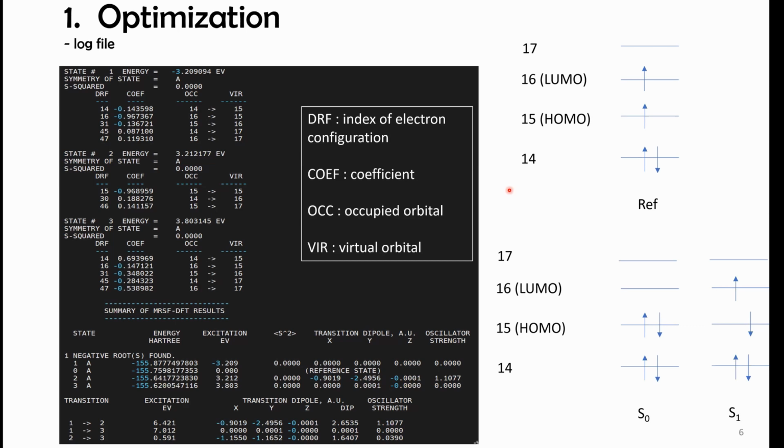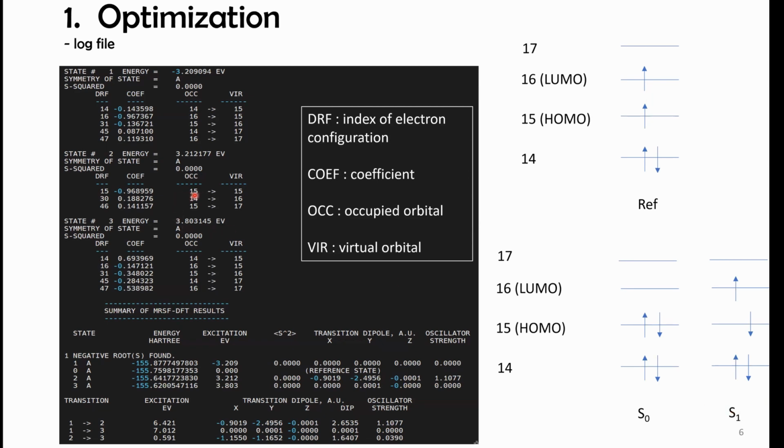What's your question? You start from this picture, 16 to 15, yes, it's okay, it's the triplet. But if we flip 16 to get an excited singlet, not ground, can it work? Yeah, let's say this S1 state, right?